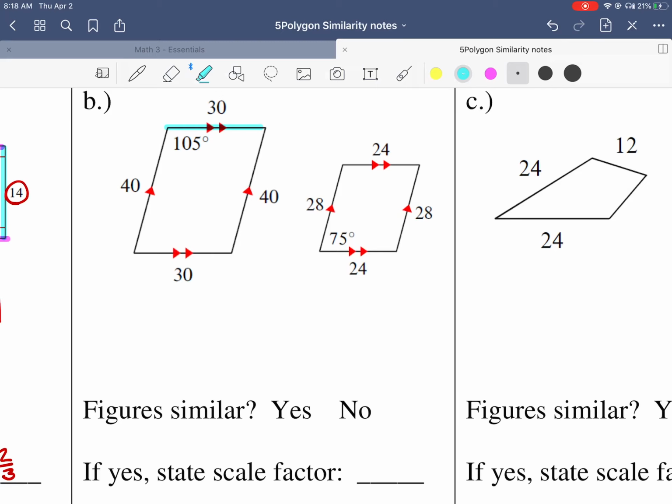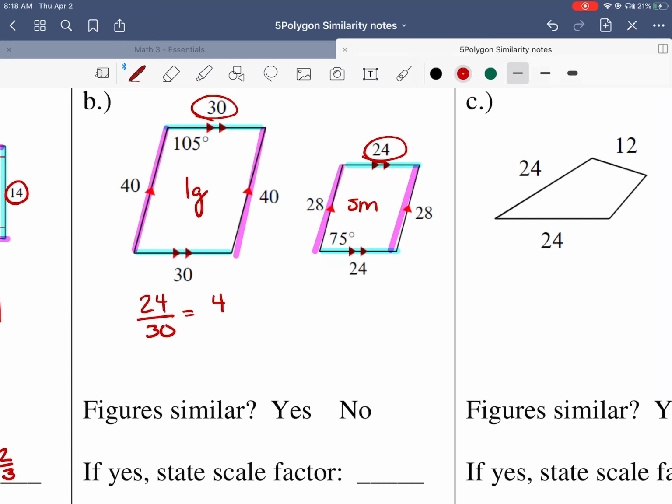So these parallelograms have 24 and 30 in the same spot, and they also have 40 and 28 in the same spot. So in order to determine if they are similar, I'm going to compare smaller and larger. So 24 over 30.